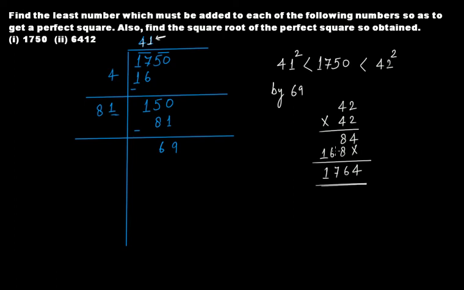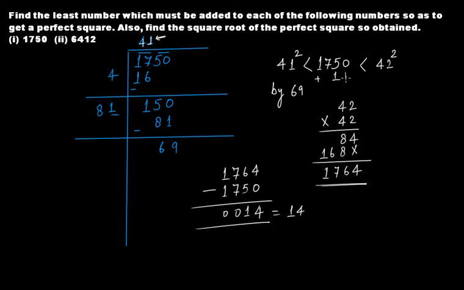It means that if we take 1764 minus 1750, you get 14. It means that if you add 14 to 1750, you get 1764.